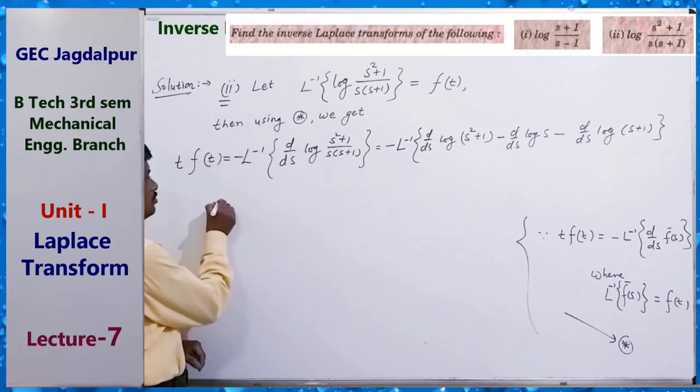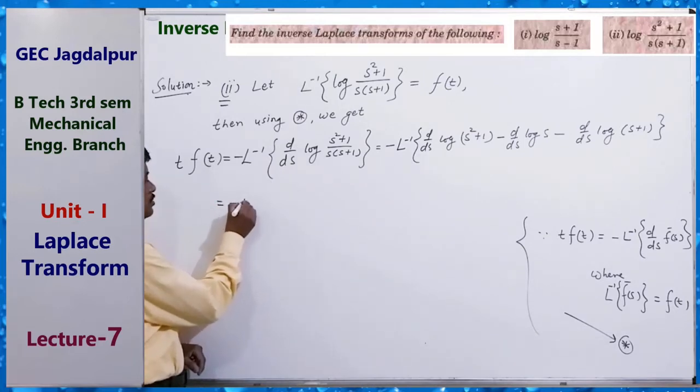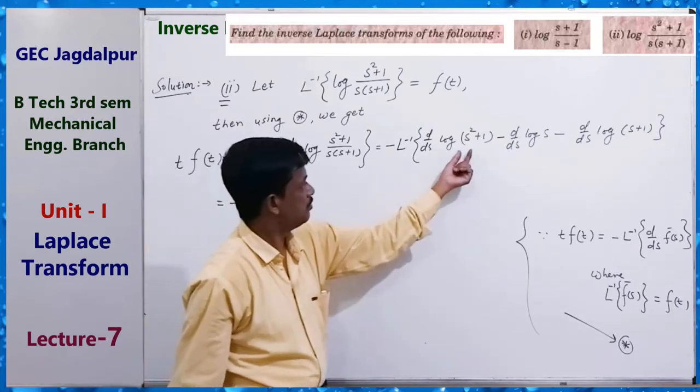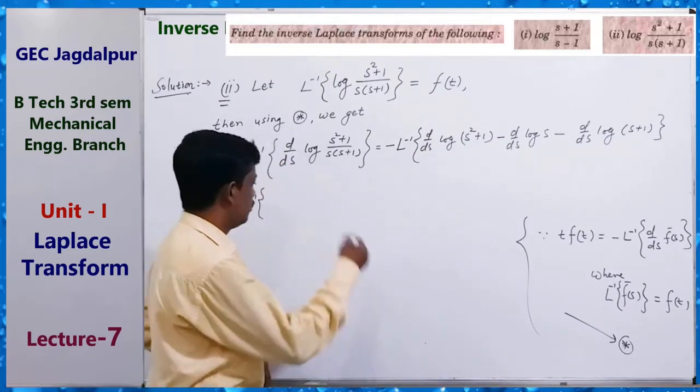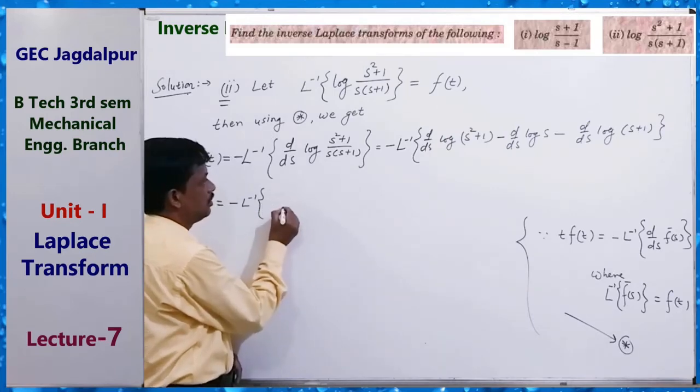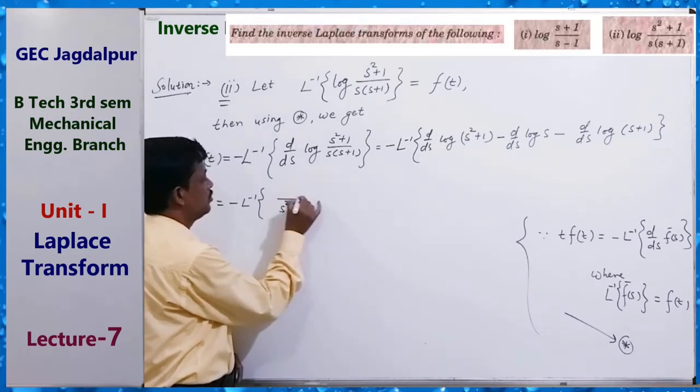Now this equals minus of L inverse of the derivative of this log: 1 upon (s square plus 1) times the derivative 2s.